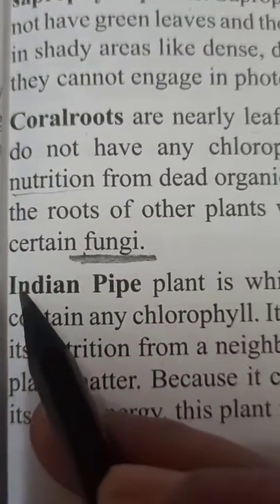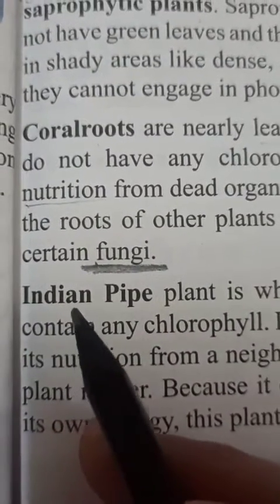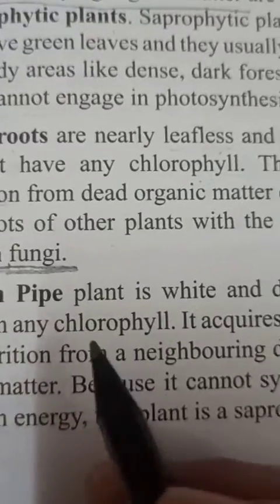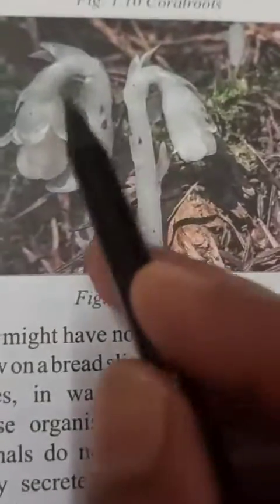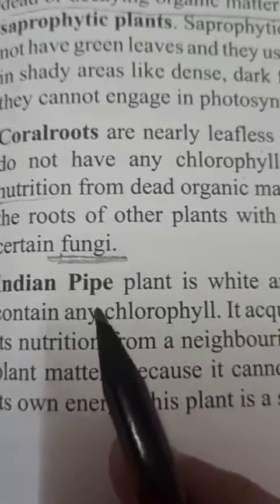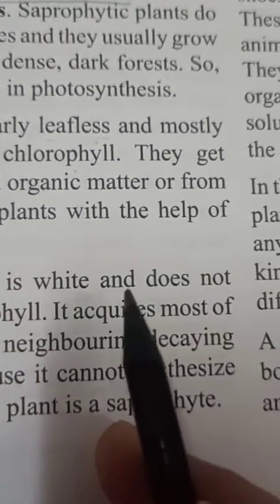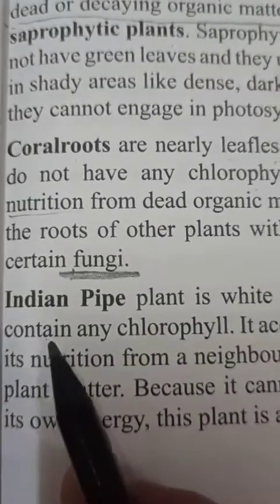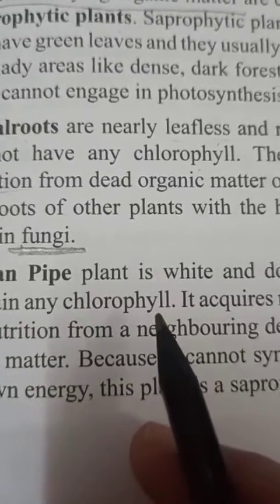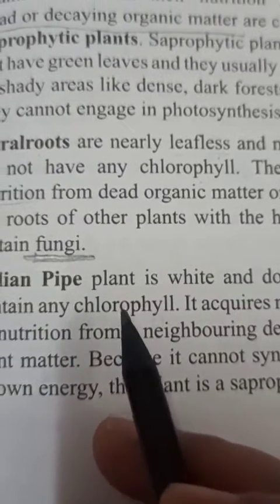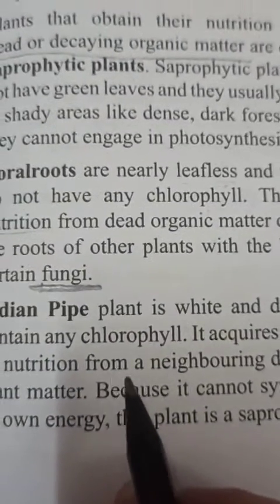So next example they have given as Indian pipe. Okay, this one. So Indian pipe plant is white and does not contain any chlorophyll. So without the presence of chlorophyll, any plant can't prepare its food.